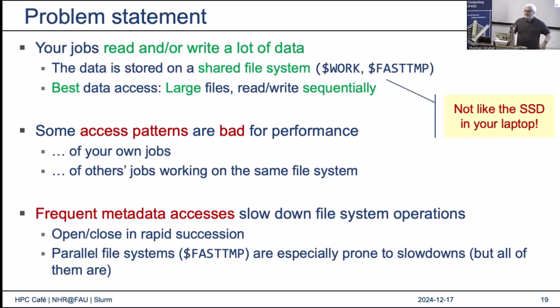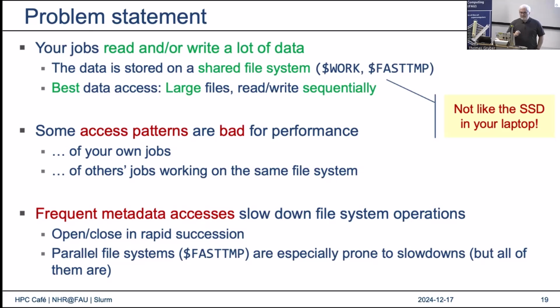And this means if you have 1 million files that you need for your training or whatever, and then you read all those files, maybe multiple times, you open and close them in rapid succession in many, many subdirectories, maybe in one subdirectory with 10,000 files, which is also bad, then chances are that this will be a very slow thing, and you will also slow down the file system for everybody else who happens to be working there, because it all goes over the network, and something in the file system is busy keeping track of all these metadata operations.